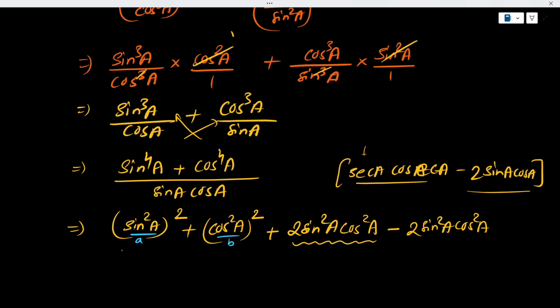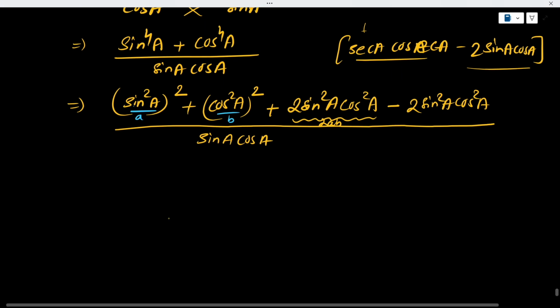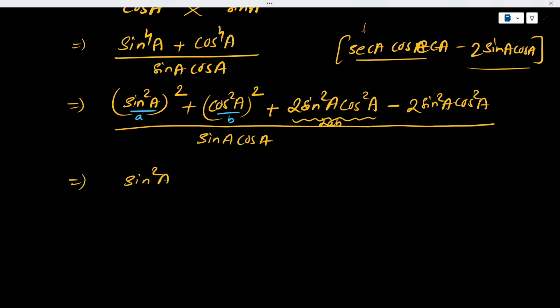These kinds of terms, you have to see what the right hand side is, which result you need. Based on that you are going to decide. Now the first three terms will become a plus b whole square, because I am using the identity a plus b whole square. What is the value of a? Sin square A plus cos square A. Why am I taking a plus b whole square?